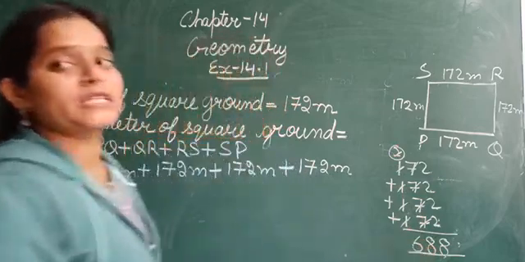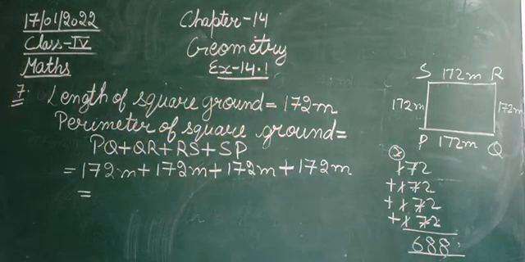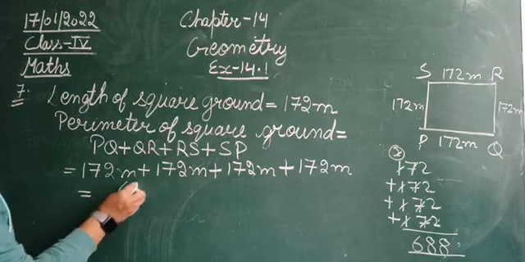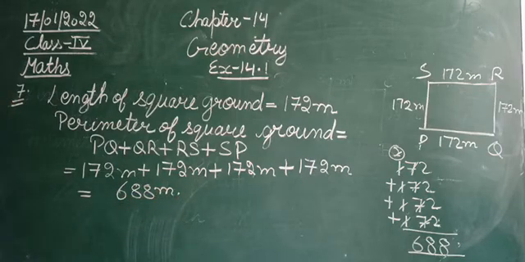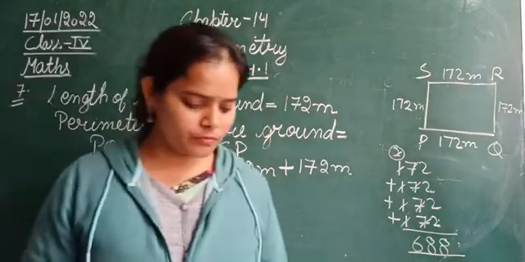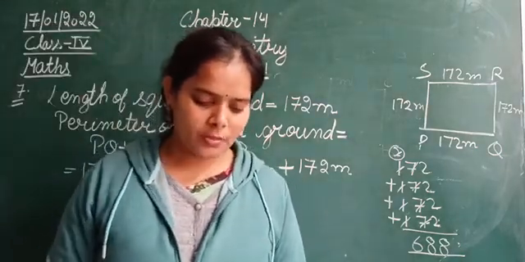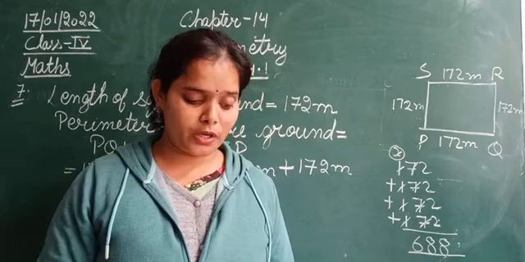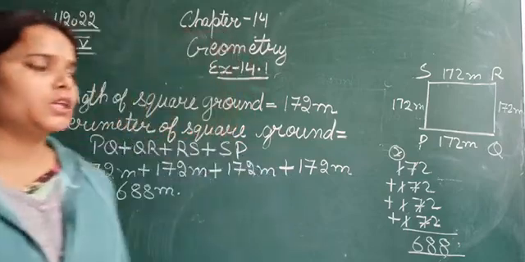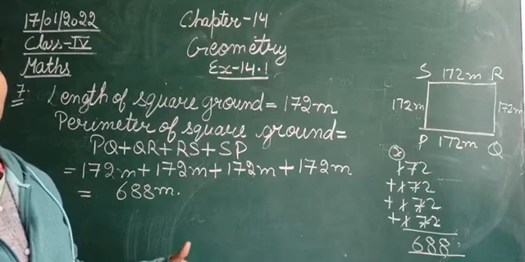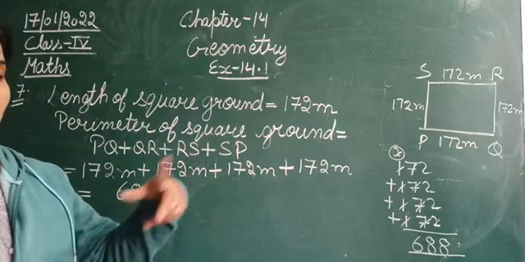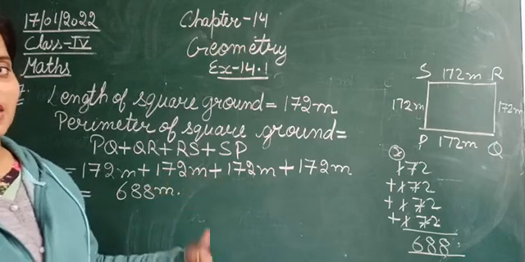So this is 688. So the total perimeter is 688 meter. Now the question was, how much wire will be needed for fencing around 2 times? If the perimeter is 688 meter, and we have to fence it 2 times, that means we need double the wire for fencing it.